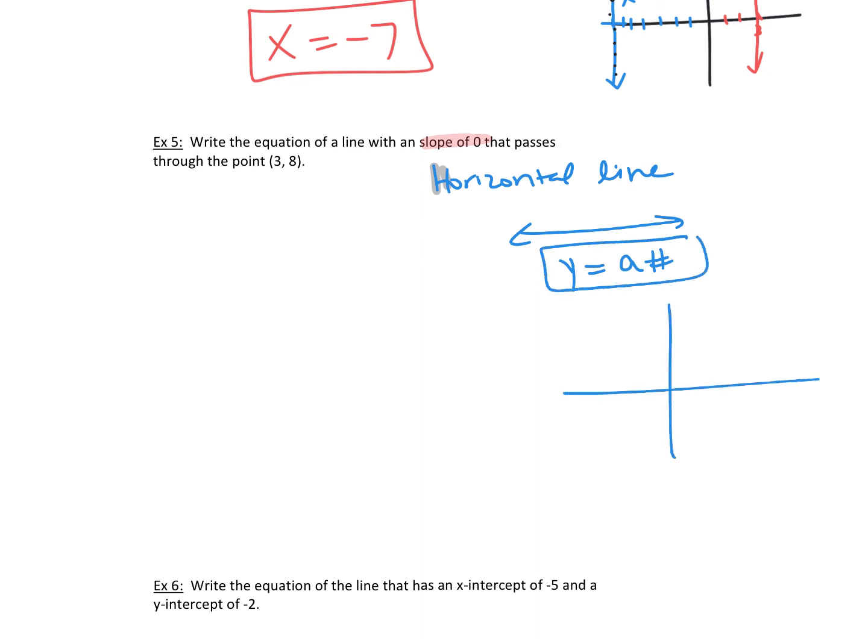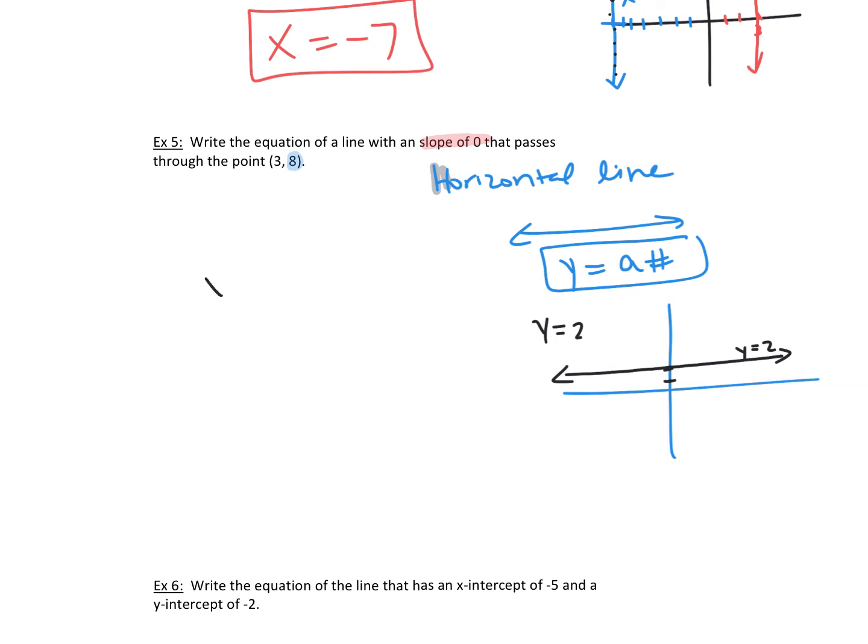So on a graph, if you had like the line y equals 2, that's going through 2 on the y-axis and like this. This is the line y equals 2. So if they give me, again, the coordinates of one point on that line, 3, 8, what I'm going to do is I'm going to go to the y value, and I'm going to take that number and I'm going to put it into an equation.